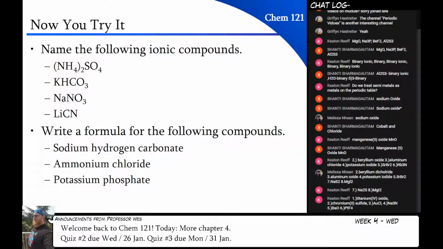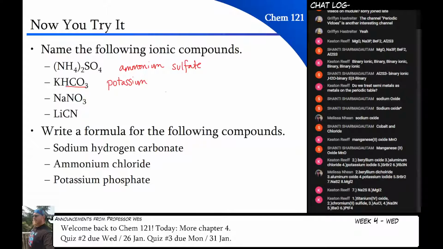All right, we are almost out of time, so I am going to go over the answers here. So we got NH4, which is ammonium. And then SO4 is sulfate. Excuse me. Ran out of water here. I need to get more. We got potassium.